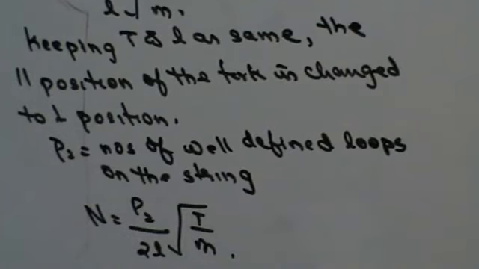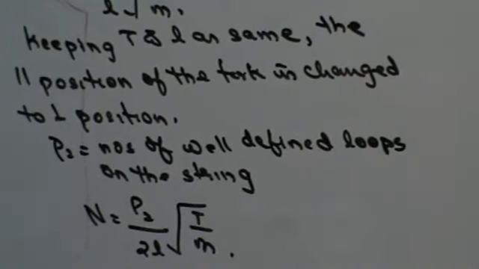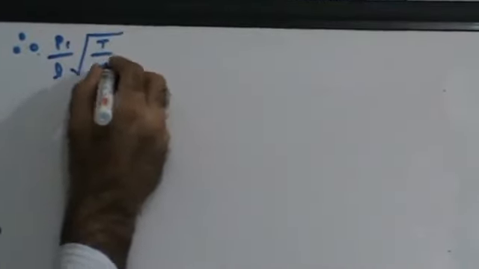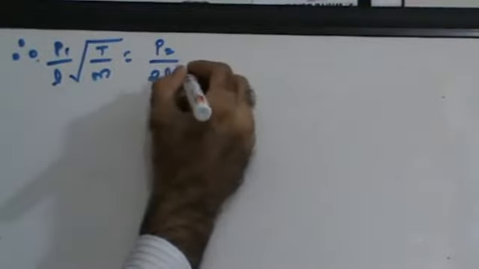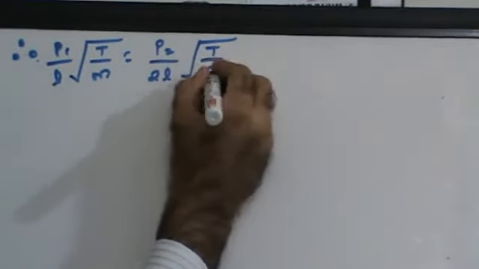Right? Now, both are N, so I can equate the two equations. I will get p1 upon L square root of T by m is equal to p2 upon 2L square root of T by m.